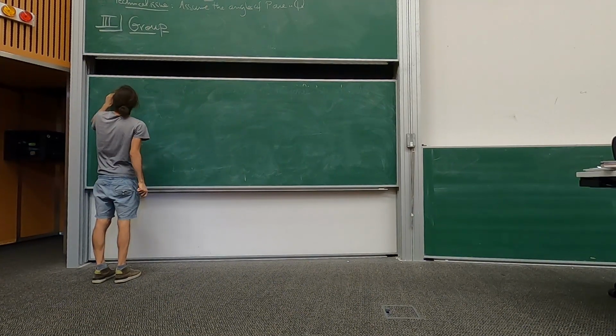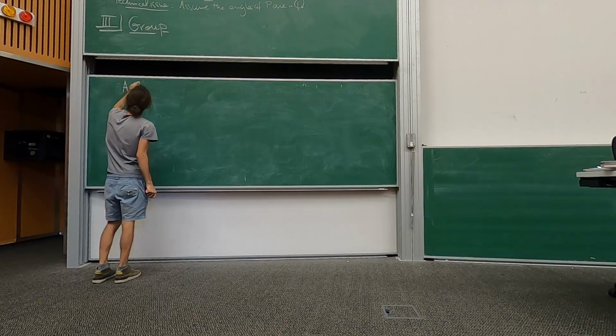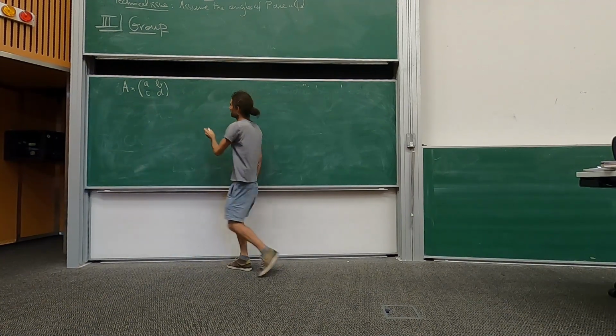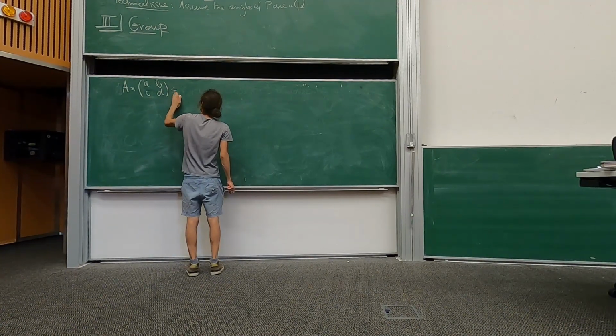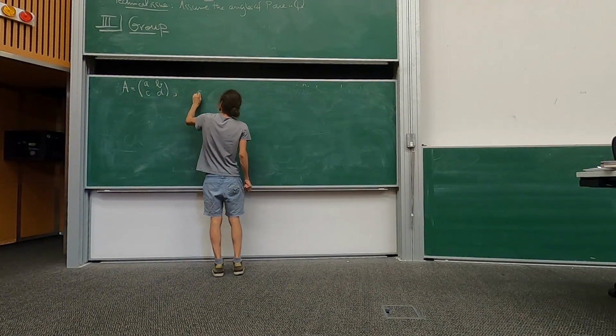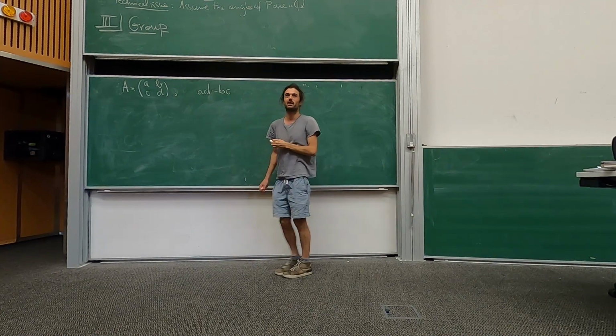So a matrix, for me, is a 2x2 matrix. It's a, b, c, d. And maybe you know that this quantity is very important: ad minus bc, it's called the determinant.